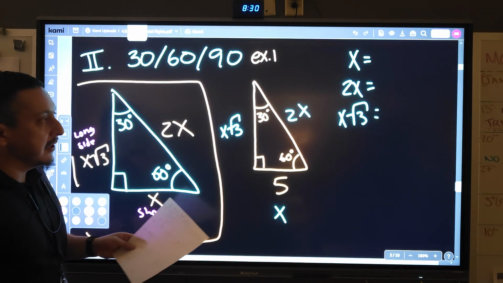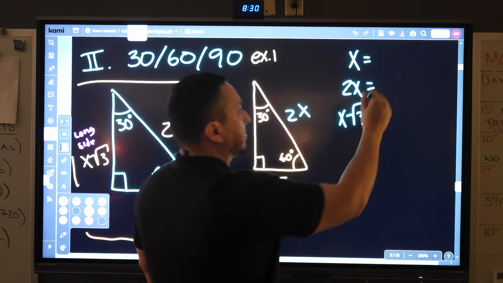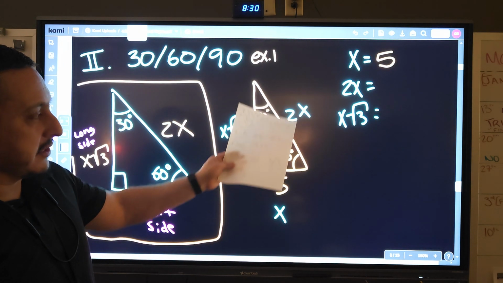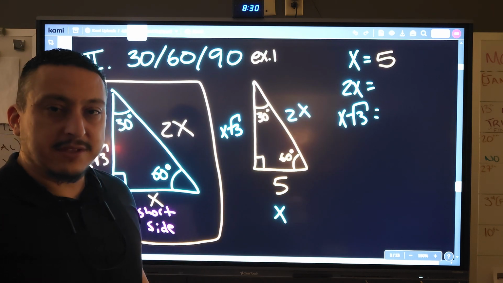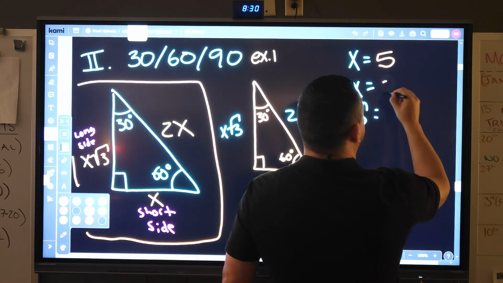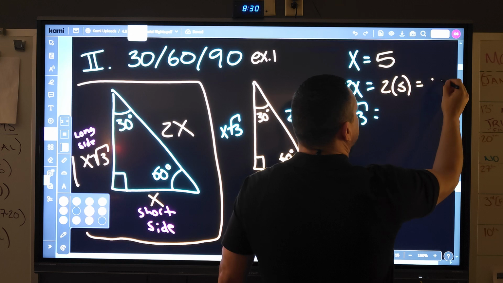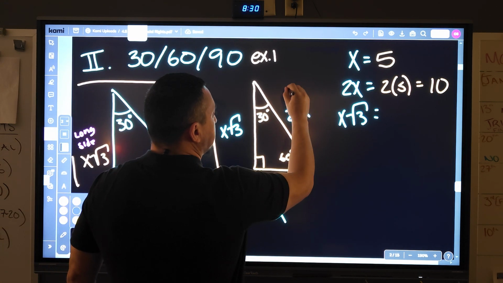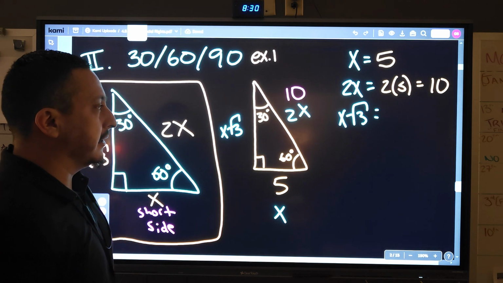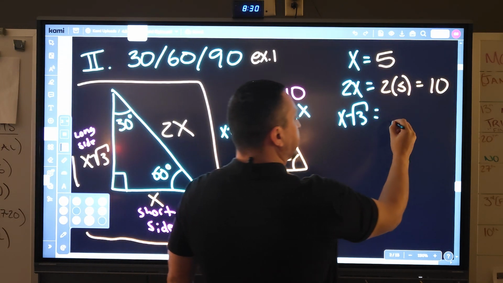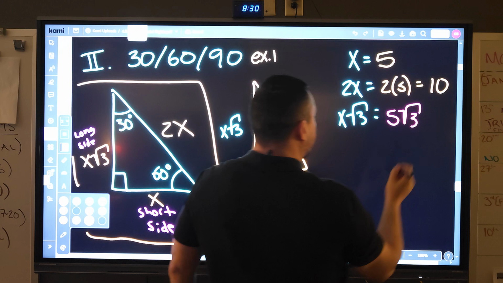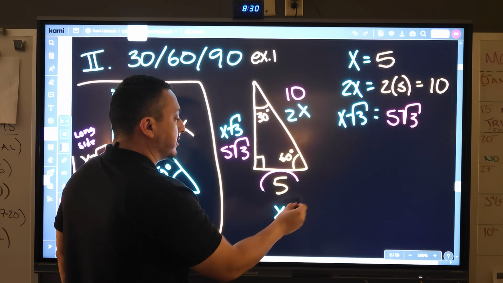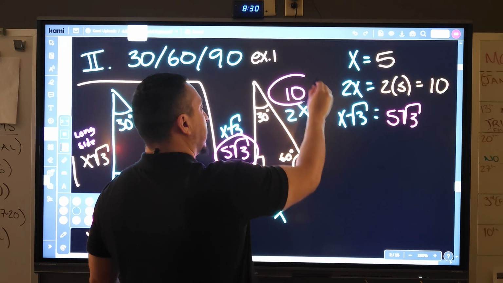On this one I know x is 5, so for all these, x is 5. The hypotenuse is 2x, so it would be 2 times 5, which is 10. So this side would be 10. And then this one would be x square root of 3, so 5 square root of 3. So there's your three sides: 5, 5 square root of 3, and 10.